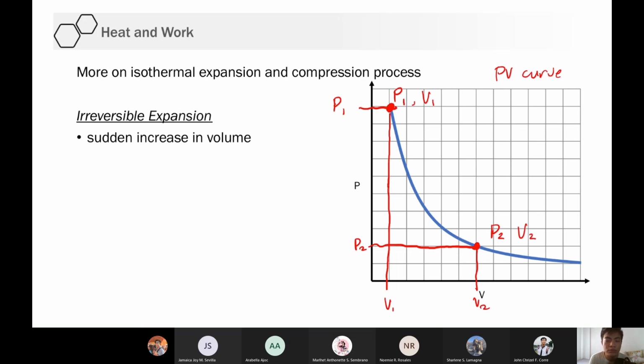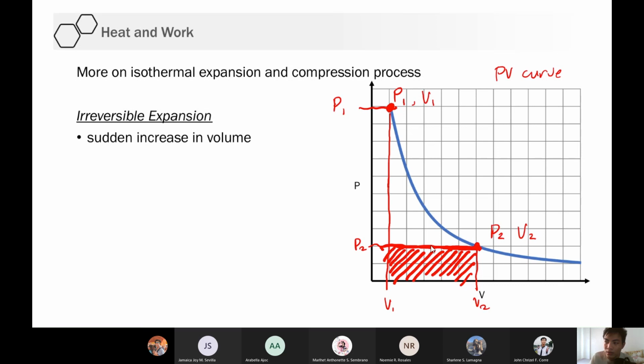If you are trying to solve for the work, kapag irreversible process, ibig sabihin biglaan, no? So, ang susundin natin is yung area under the curve. Okay. So, this area here corresponds to the irreversible expansion work, no? Kasi nabigla na lang siya, dito siya, nandun na siya.